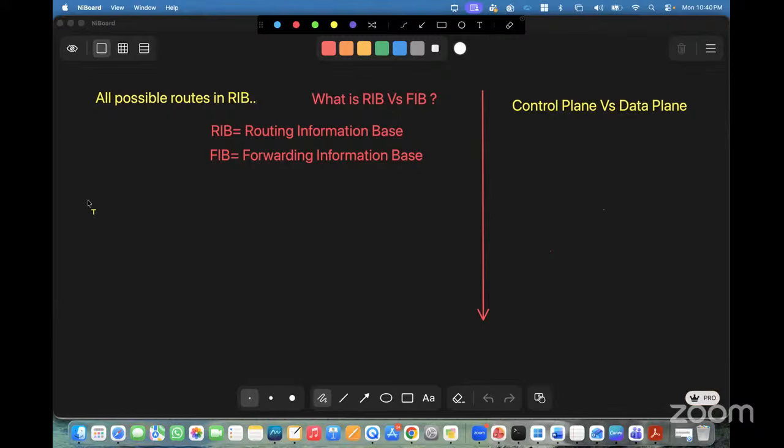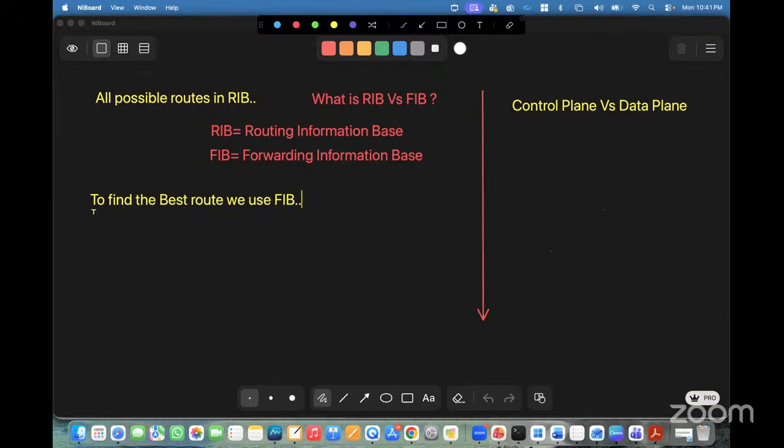Okay, good try, but still. Basically in RIB, sir, हमारे पास सारे जो भी routing information है, we have in RIB. But for the best path selection we have the FIB table. Okay, that's a very correct answer.